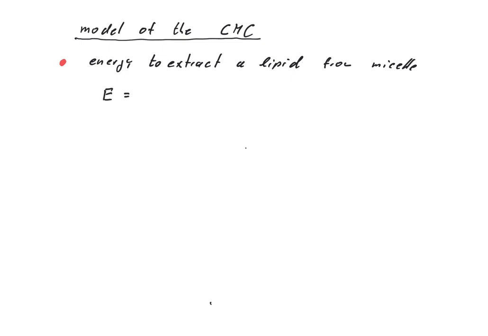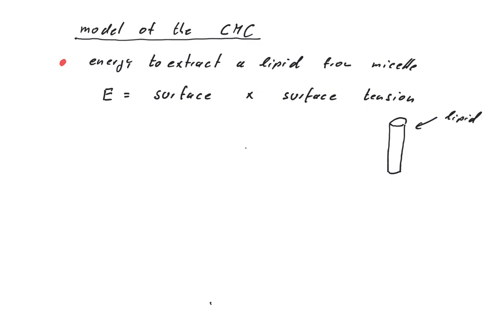Well, this energy is equal to the surface of one of those molecules, let's say a single lipid, times the surface tension. So we model the amphiphile, or the lipid, just as a cylinder of radius r and length nc times L, where nc is the number of units in the hydrocarbon side chain, and L is the length of one unit.